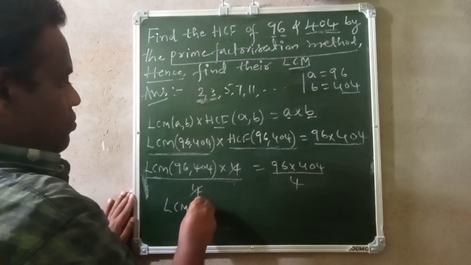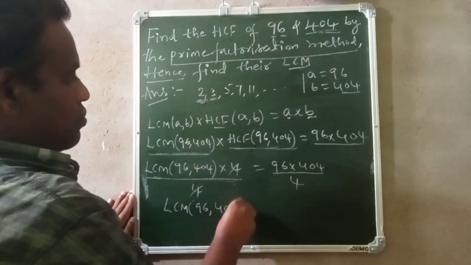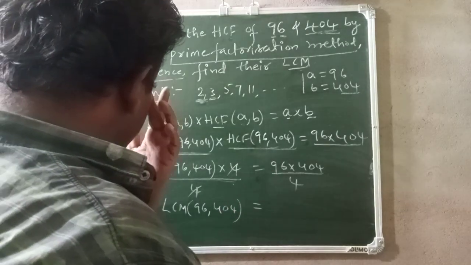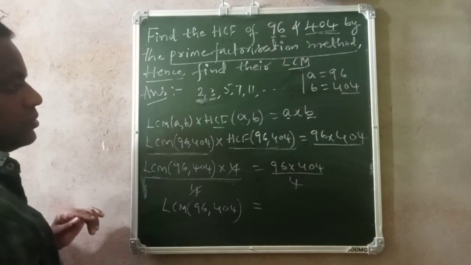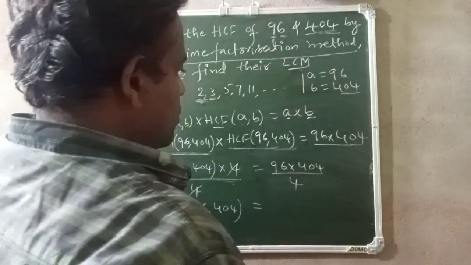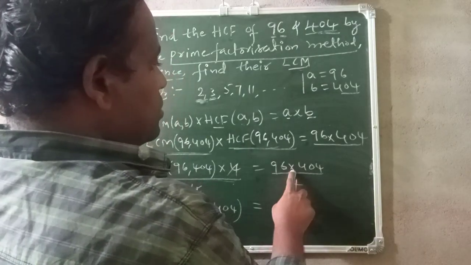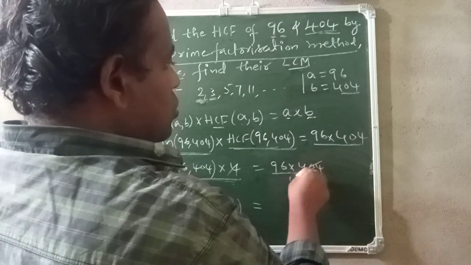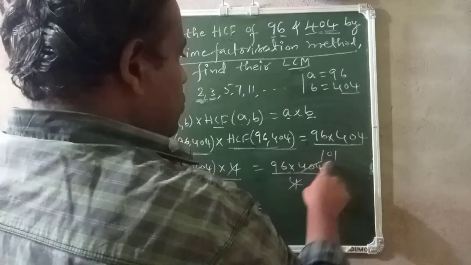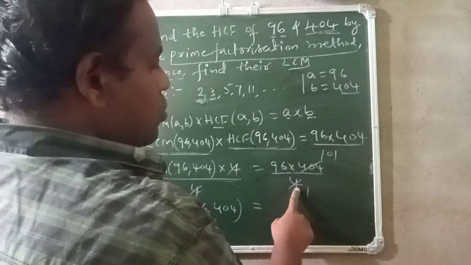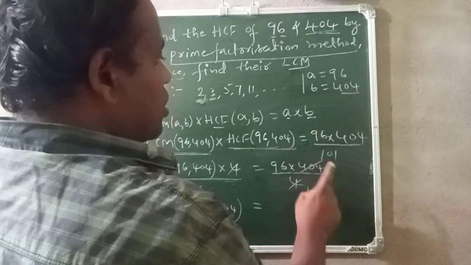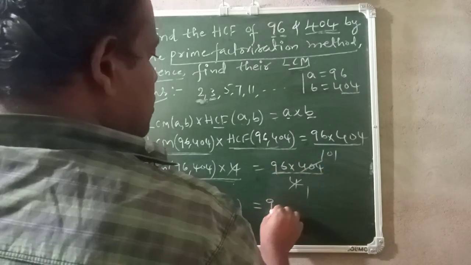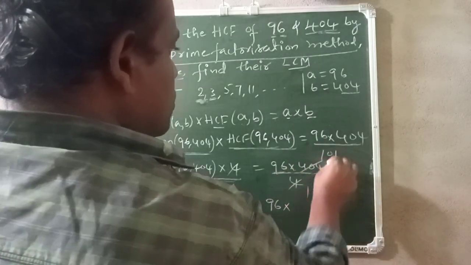So LCM of 96, 404 is equal to, now see, we can divide this by 4. 4 ones are 4, 4 101s are 404. So we can divide like this. What we are left with is 96 into 101.